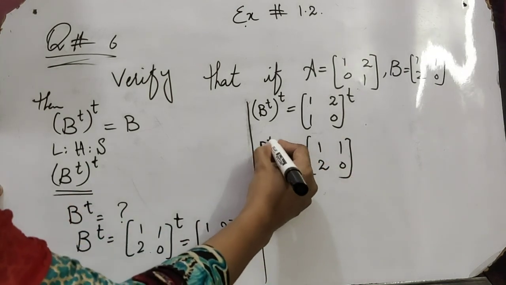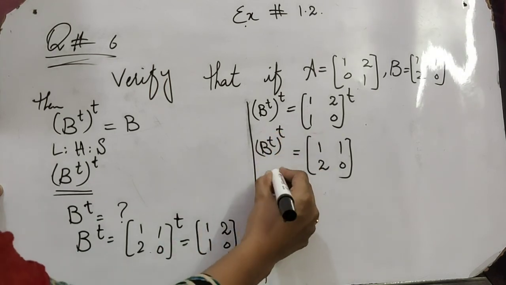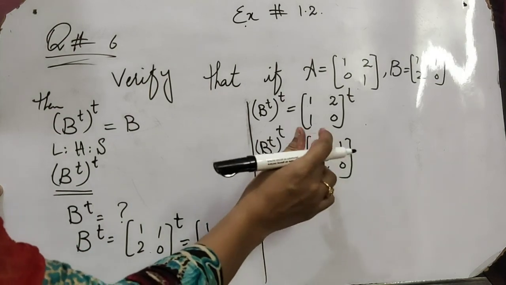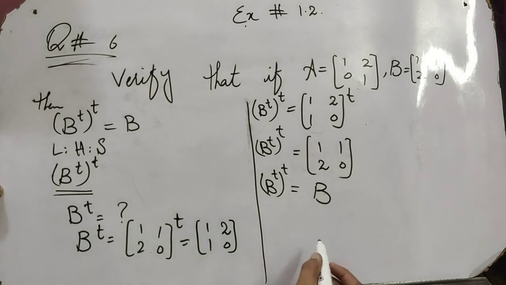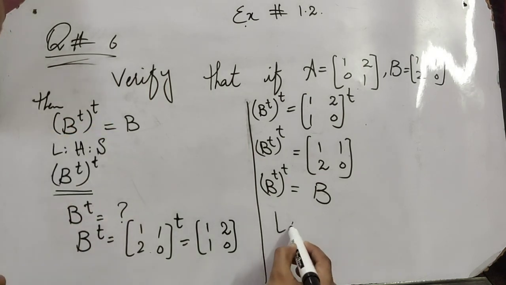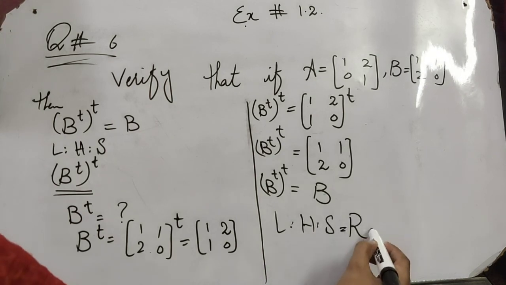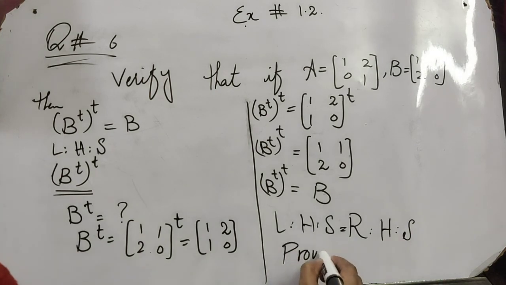The left hand side, the transpose of B transpose, is equal to B, because B is equal to 1, 2, 1 and 0, which is what we wanted to prove. So we can say that left hand side is equal to right hand side. Proved.